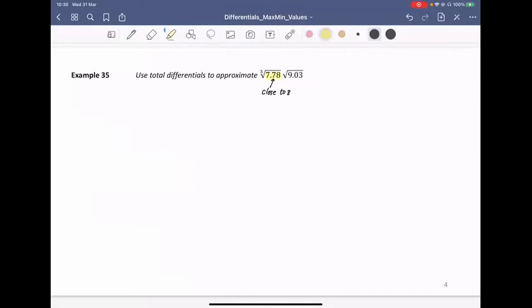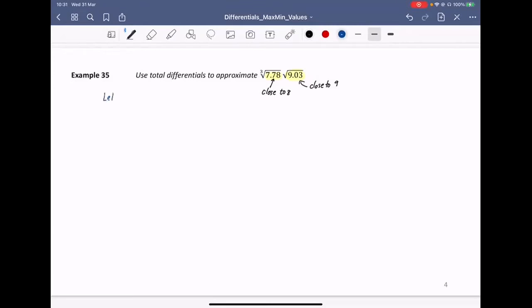And 9.03 here is the one that is close to the number 9. So actually, you're going to use the differential, and you're trying to get dx and dy by comparing 7.78, which is close to 8, and 9.03, which is close to 9. So we are going to do it.